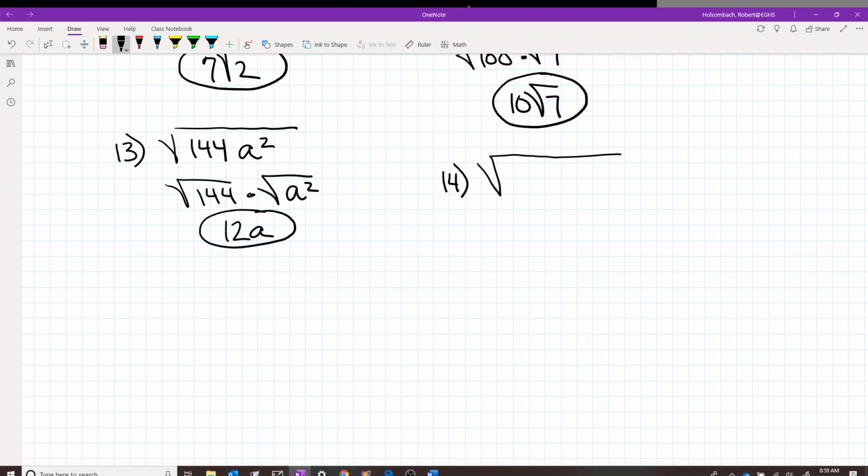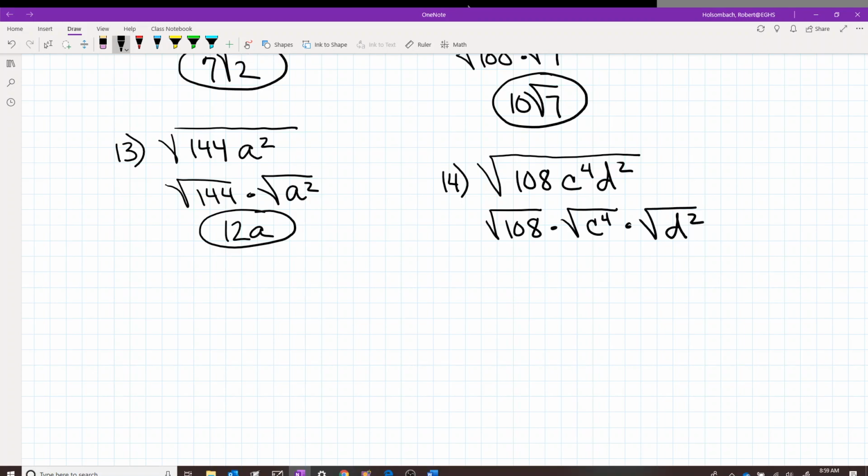In number 14, you're simplifying the square root of 108 c to the fourth d squared. So your first step is to break this apart. And we're going to break it apart into the square root of 108 times the square root of c to the fourth times the square root of d squared.